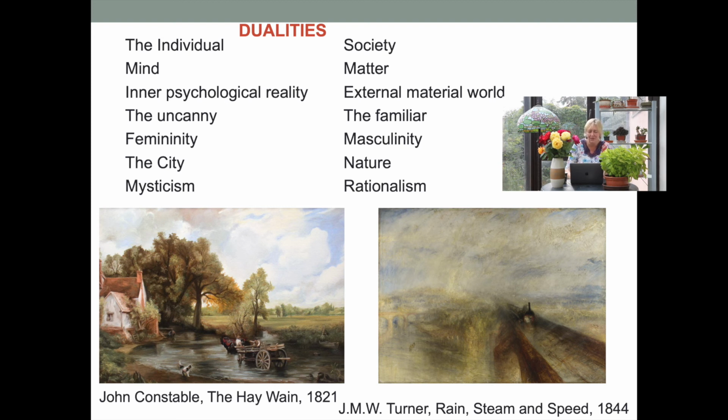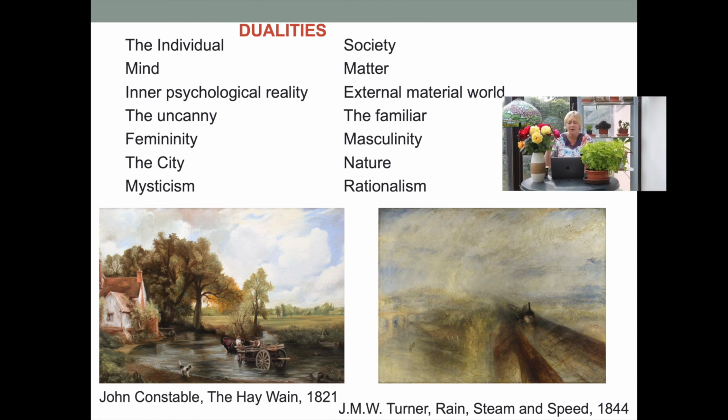We don't have time to discuss it right now, but as you can see, it's more realist. The other one, Turner's Rain, Steam and Speed, celebrates modernity. It's quite hazy, you cannot really see very well what's there. It's a good idea to Google it and see the painting in a good resolution, to take a close-up view. Because then you notice it's a celebration of a train, a steam-powered locomotive rushing towards the viewer.